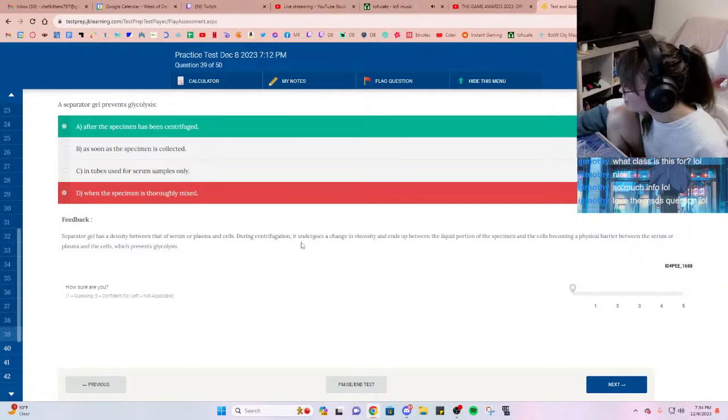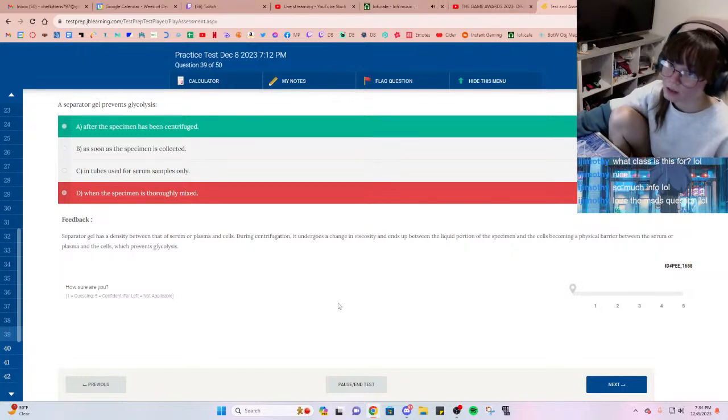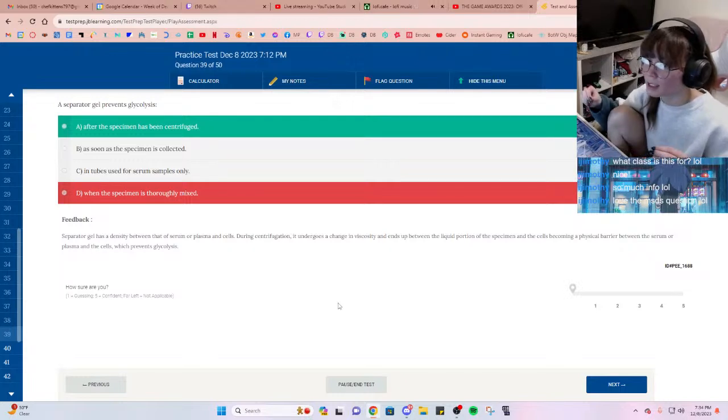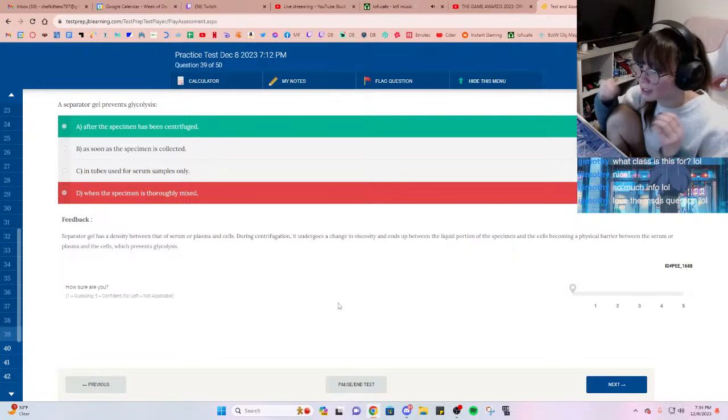During centrifugation, it undergoes a change in viscosity and ends up between the liquid portion of the specimen and the cells, becoming a physical barrier between the serum or plasma and the cells, which prevents glycolysis. Oh, okay. So this actual separation of the cells and the plasma, the serum, is what prevents the glycolysis. Okay.